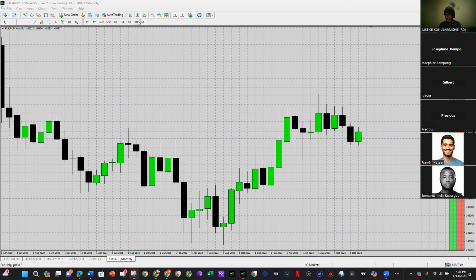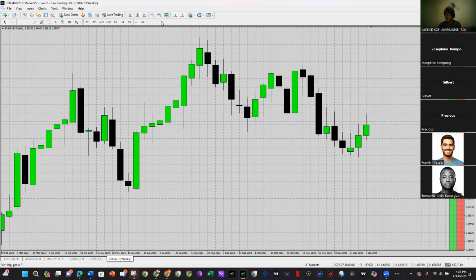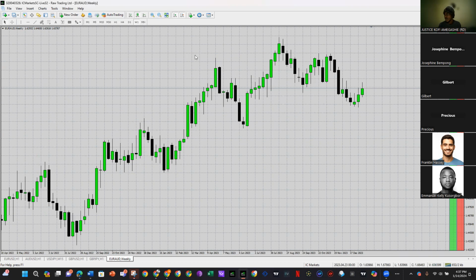So let's go to our weekly. On our weekly, what I can see is there is some money here, but the pair moved to go and sweep it. So it went to take that money that was there. So the amateur traders would have sold there.